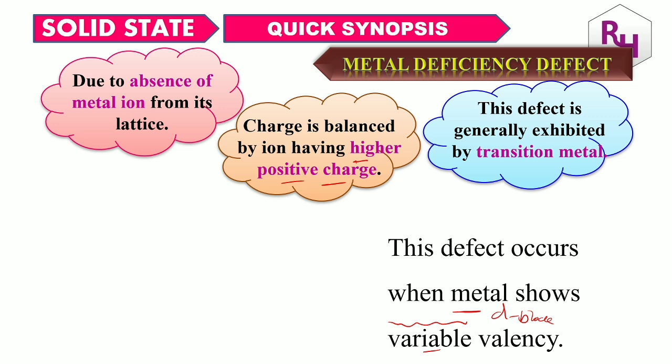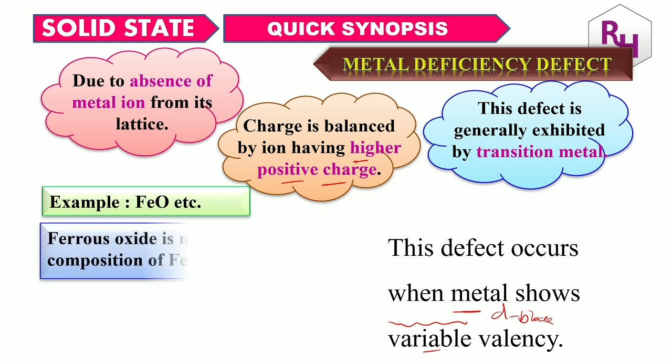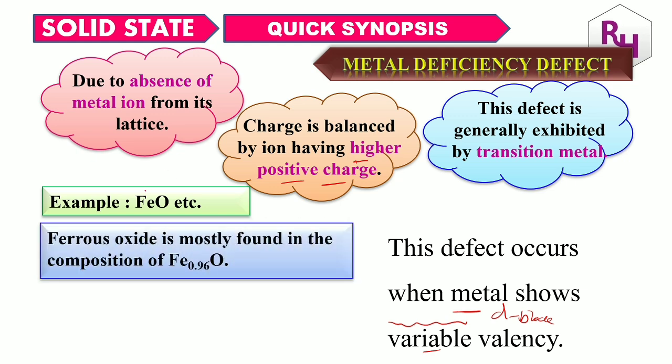transition metals. Now you can say FeO is an example, right? FeO means, remember, Fe2+ and oxygen 2-. Now the defect means some of the Fe3+ ions replace Fe2+ ions. Remember, electrical neutrality is maintained, no doubt. But what happens?